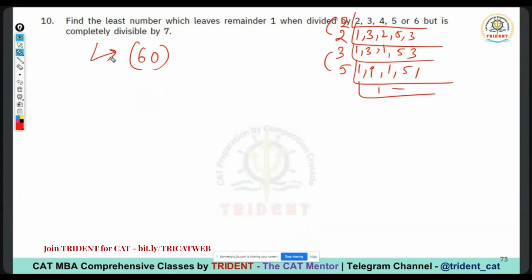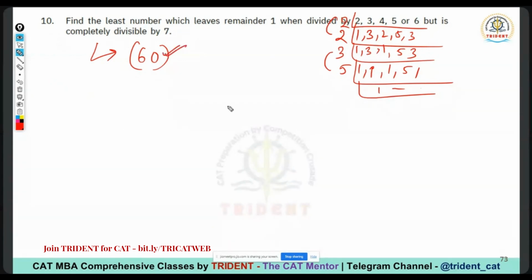This is the number that should give me remainder of 1 when divided by 2, 3, 4, 5, and 6. I'm not considering 7 as of now. If I have to design a number, Varun, such that it gives me a remainder of 1, the number obviously will be of this form.